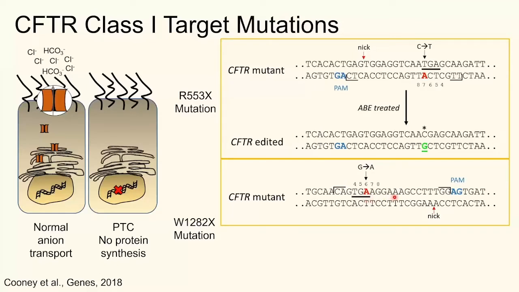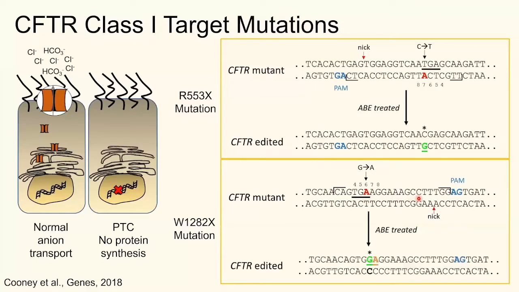After ABE RNP treatment, we should see a conversion of the A nucleotide to a G nucleotide, reverting the stop mutation. I also have to note that there's an additional A within the base editing window, and this second non-targeted A is known as a bystander edit.